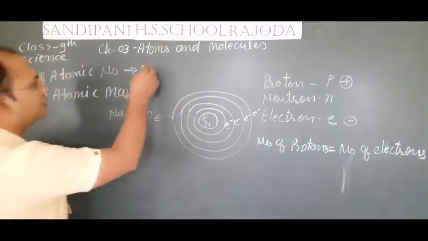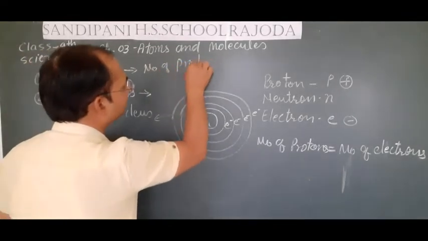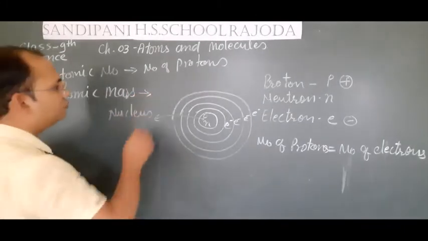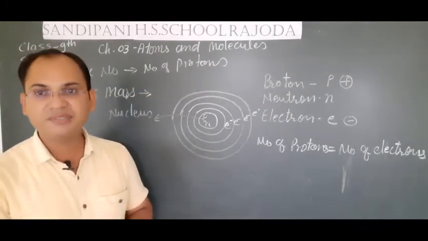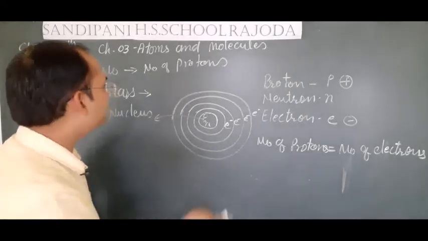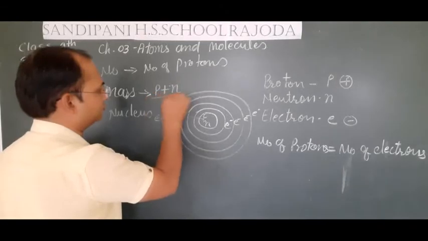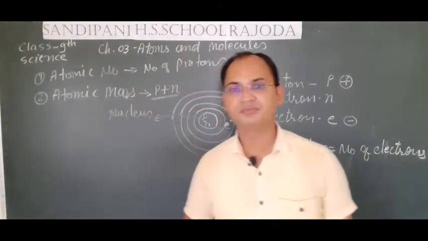So atomic number is equal to the number of protons, but atomic mass, if we talk about the definition in a general manner, then we can say that number of protons plus number of neutrons is known as atomic mass.